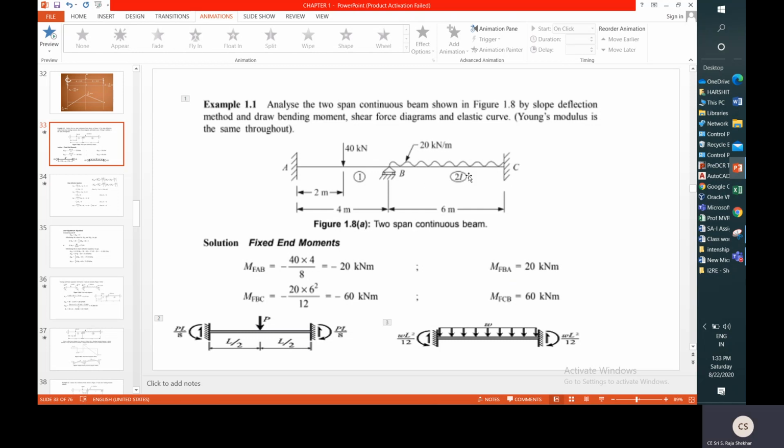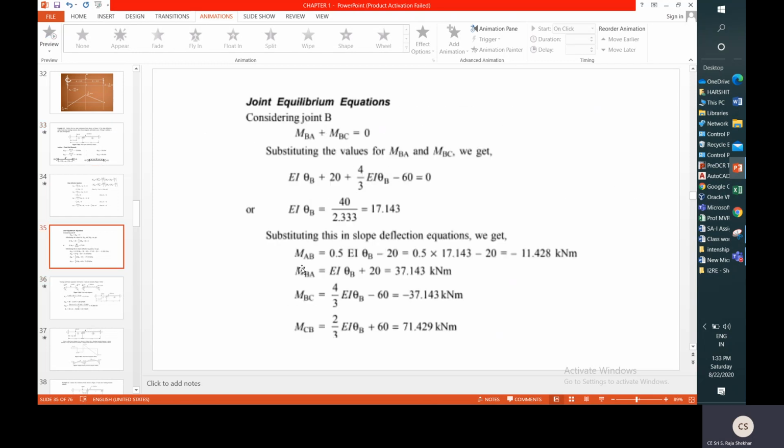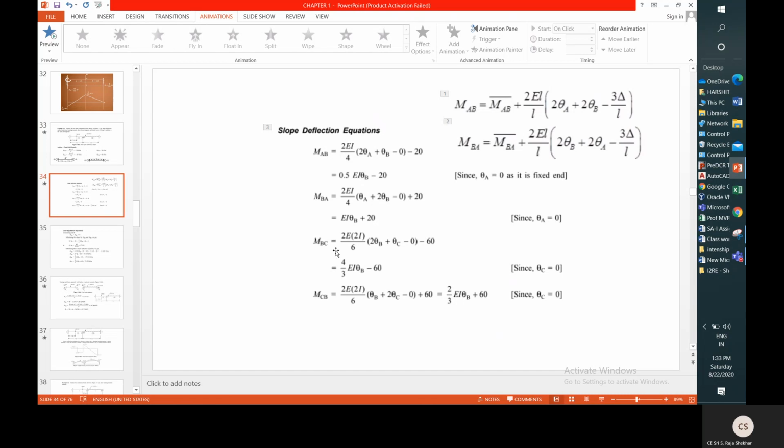For the span BC, the moment of inertia is 2I, 2 times I. So in place of I, I'm writing 2I. 2EI by L, I value 2I, L is 6, and 2 theta B plus theta C minus 3 delta by L, plus fixed end moment for MBC. So MFBC is equal to minus 60. I'm writing here minus 60.